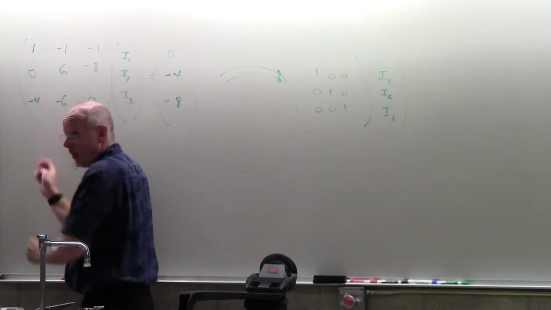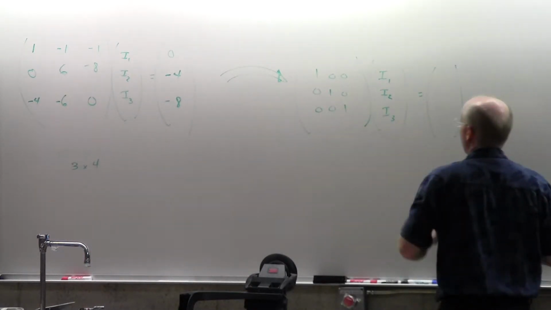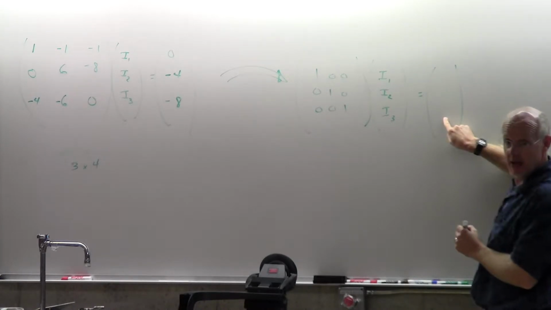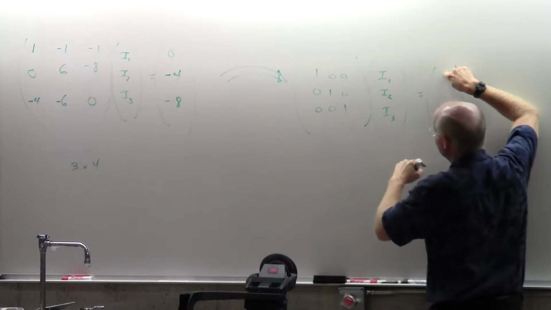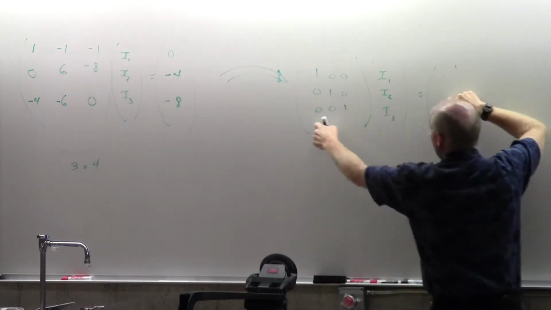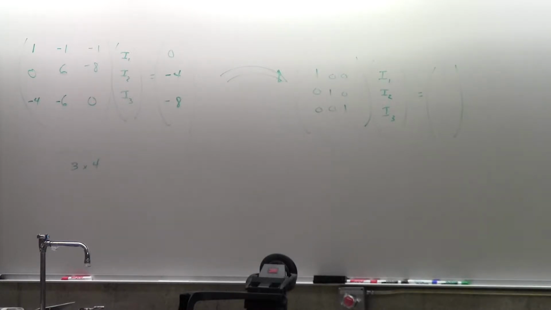But of course, what it does to one side, it will do to the other. But that's really then going to be the answer. Once I get a diagonalized matrix, it is saying I1 is that, I2 is that, I3 is that. And that's why this form is kind of nice.